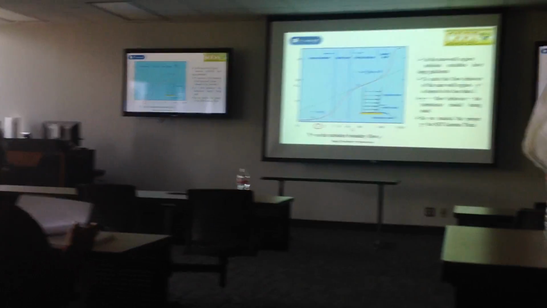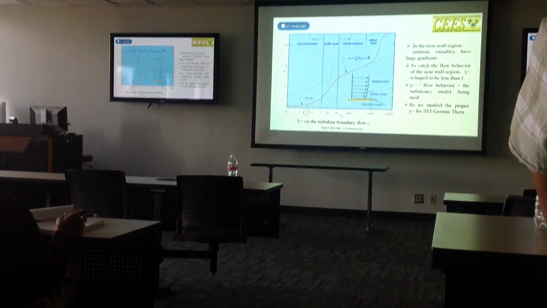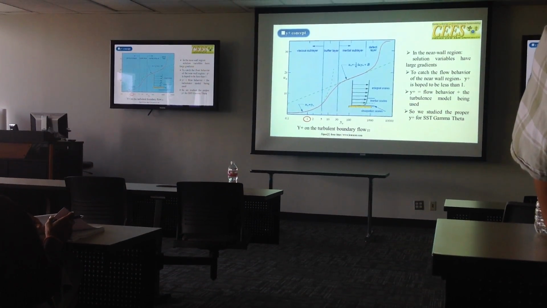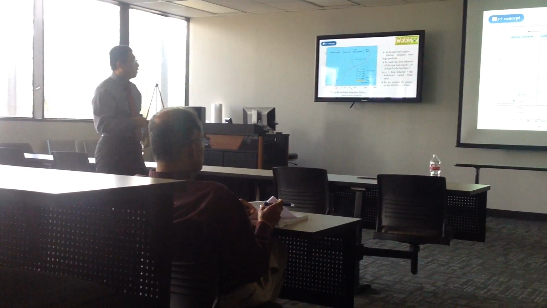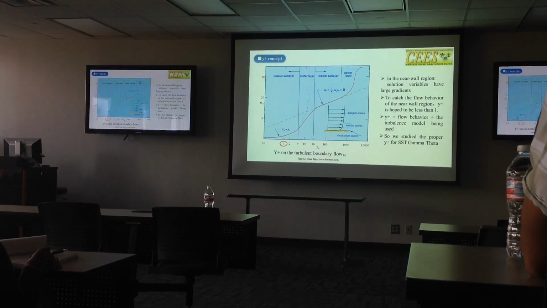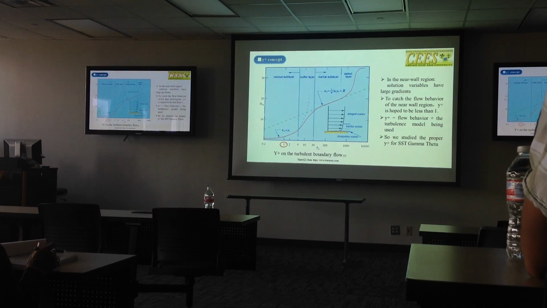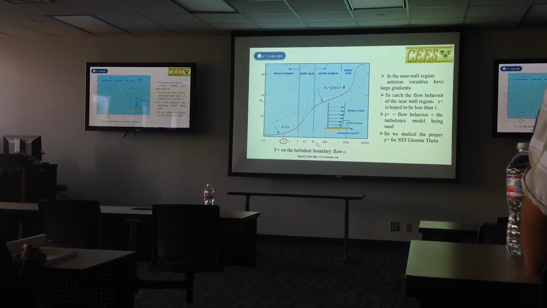From the expression in the last slide, people found the Y plus is affected by the flow behavior, for example the density and the shear stress, and also by the turbulence model you are using. So in this study case, we want to find the proper Y plus value for the SST gamma theta turbulence model.